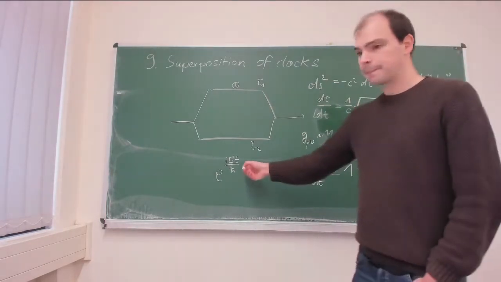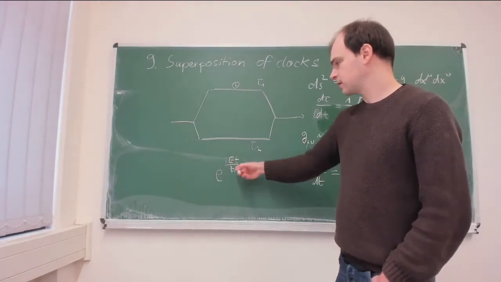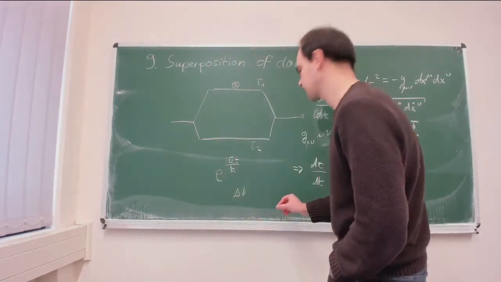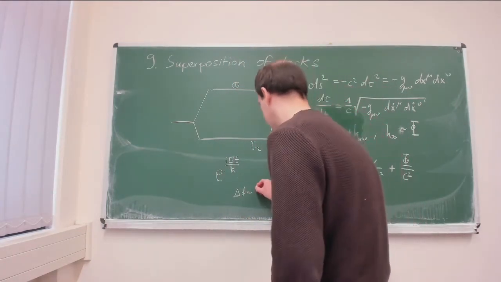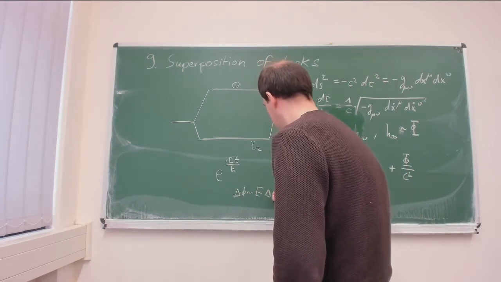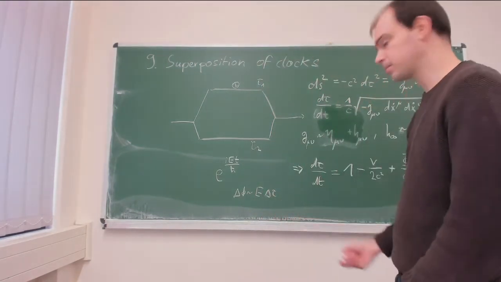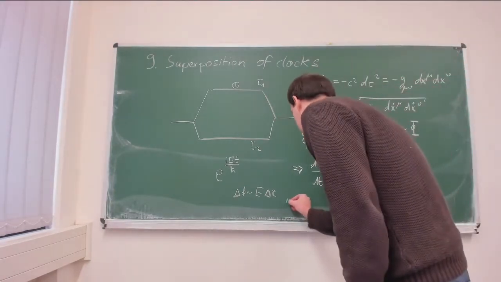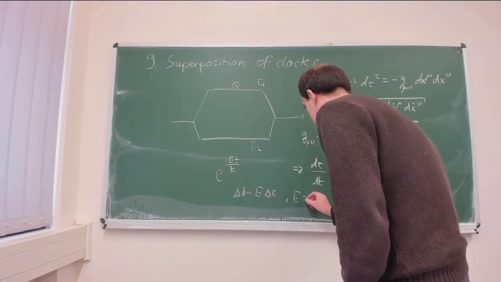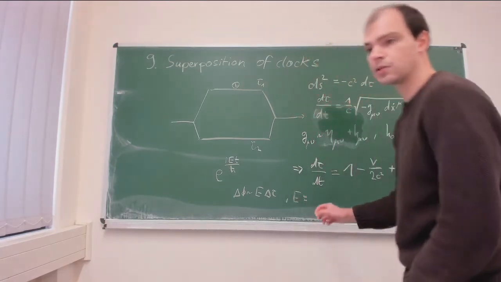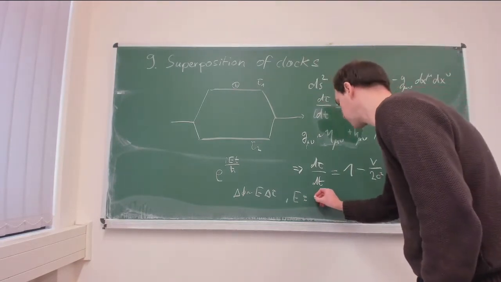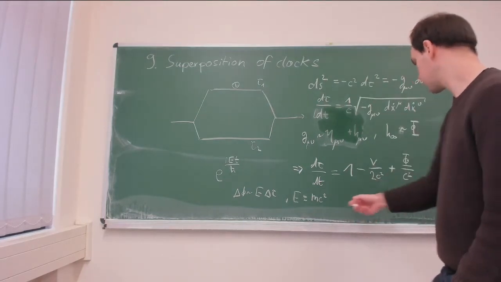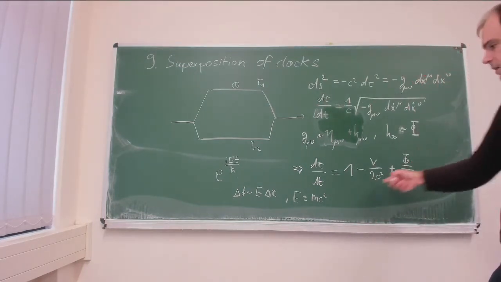And now you have a phase difference that is basically proportional to the energy times the difference in proper time. If we remember that the energy in a non-relativistic situation is at lowest order mc squared, just the rest mass energy, then using this together with this, we just get m times phi.